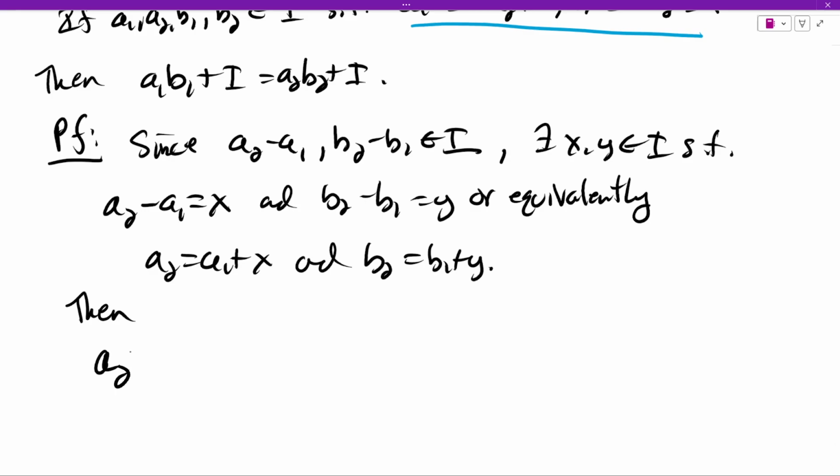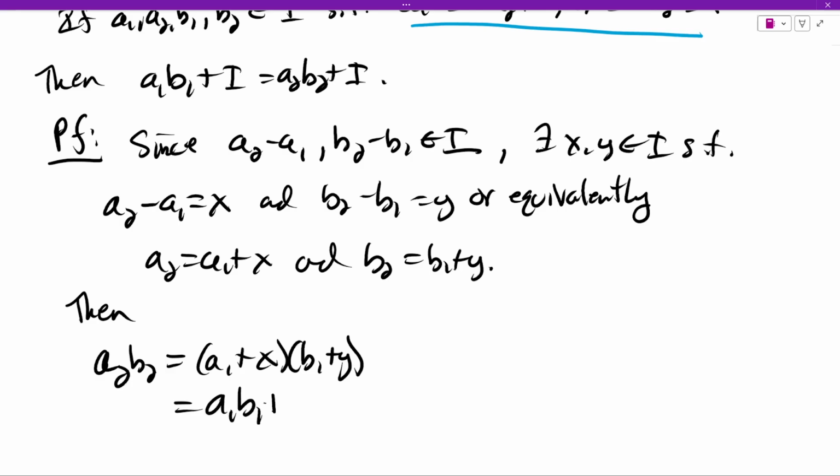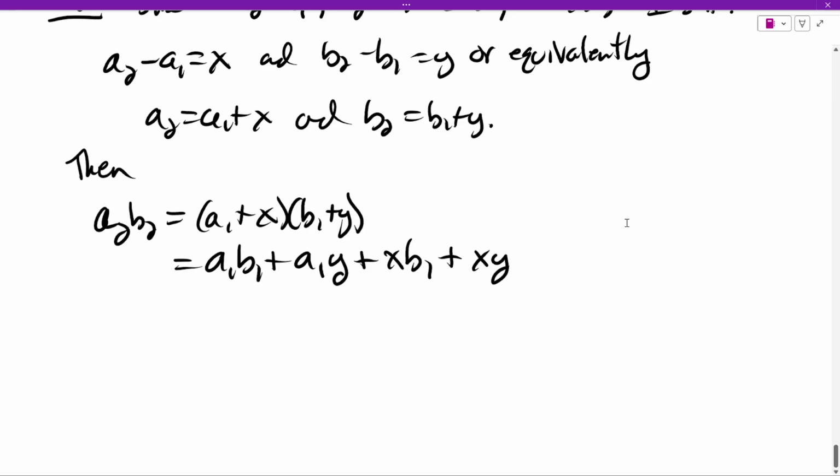Then a2 b2 is (a1 plus x)(b1 plus y) by plugging in what we have there. So that's a1 b1 plus a1 y plus x b1 plus x y. Again, our ideals are two-sided, so they absorb multiplication by a1 on the left and b1 on the right.